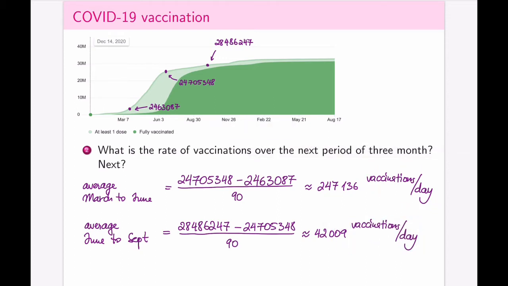So let's think about what that actually means overall on my graph. When I was computing these averages, what I'm taking is the difference between these 2 points vertically in terms of vaccinations. These are the numbers on the graph. And I'm dividing them by 90, which means that I'm dividing them by the distance horizontally between the two, which is 90 days here.